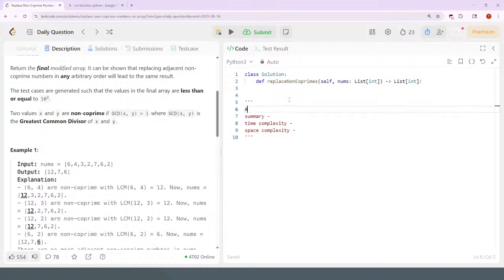So I'm going to assume that, I'm not going to assume, but pretty sure that if two numbers share a common prime factor, which is basically, i.e., they are non-coprime.